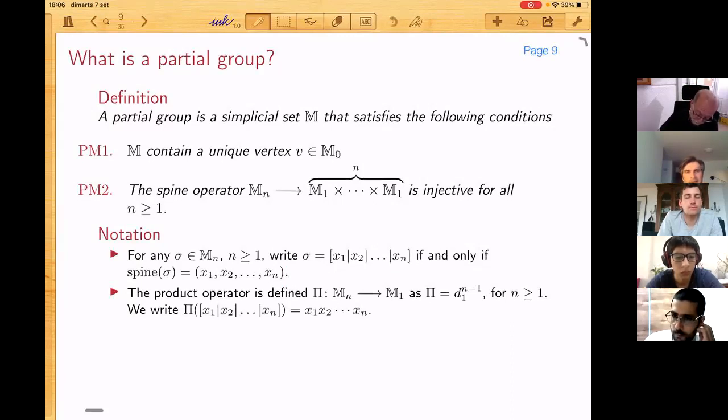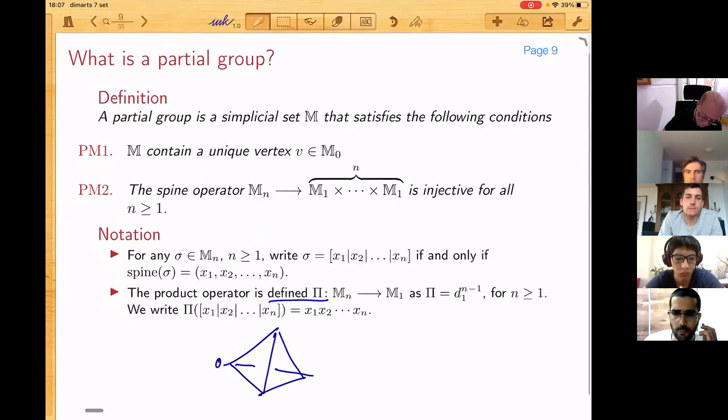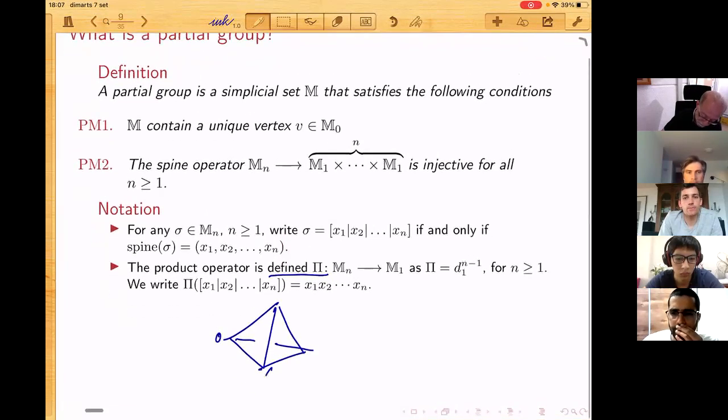And then we define also a product operator, which is somehow like the back edge, right? So in the picture, if again we have a 3-simplex like this, with vertices 0, 1, 2, and 3, then I can give names to these edges, say a, b, and c, and then the product, which is the back edge, is this one here, right?